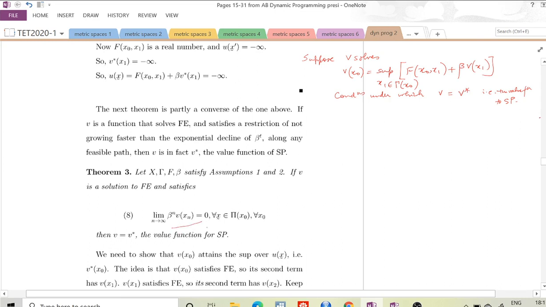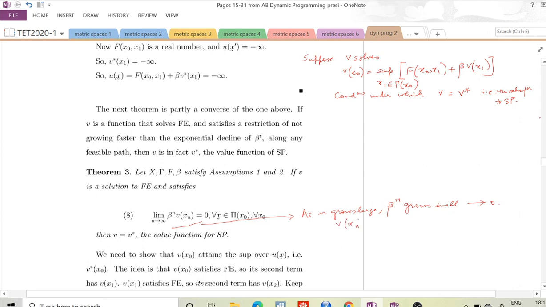So what does this mean? Look, as n grows large, beta to the n grows small. In fact, it goes to 0, right?